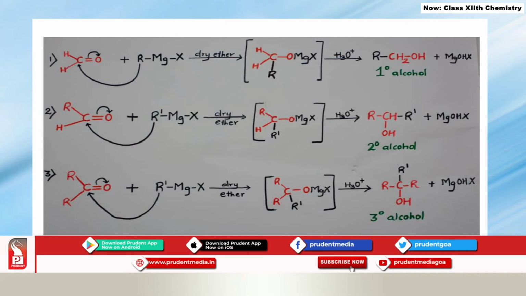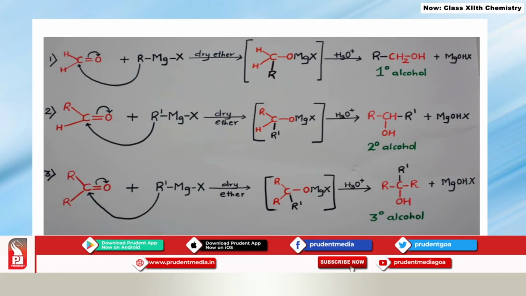If you take an aldehyde other than formaldehyde and carry out a similar Grignard reagent addition, we are going to get secondary alcohol from it. And if you work out the addition of Grignard reagent with ketones, then we are going to get tertiary alcohol.